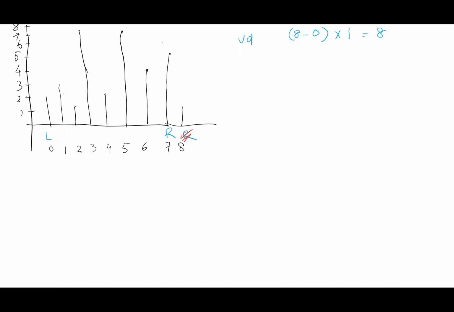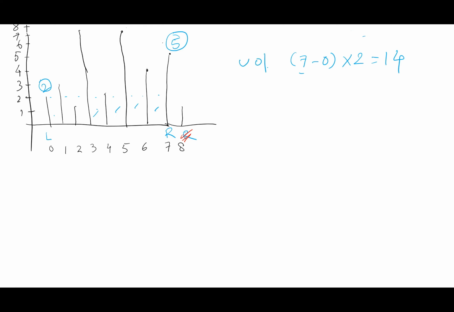Now you see the amount of water is going to be 7 minus 0 into the minimum of, this is 5 and this is 2, right? The minimum of 5 and 2 is 2. So now you see that my volume has increased. If I take this wall and this wall, the amount of water I can take now becomes 14, which is even more, right?